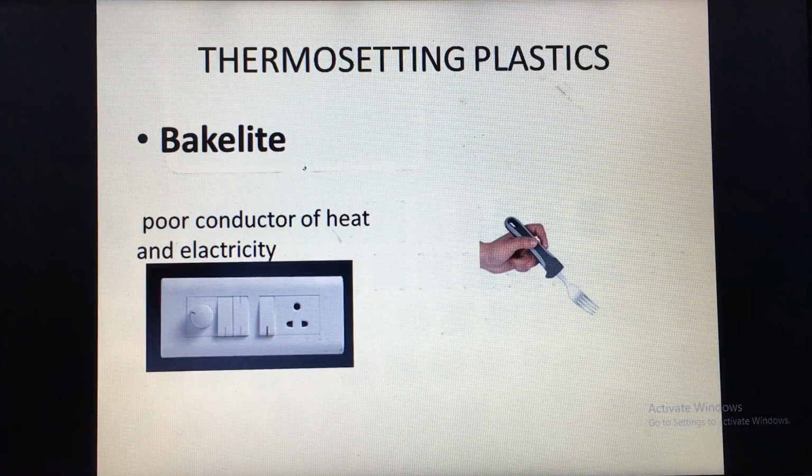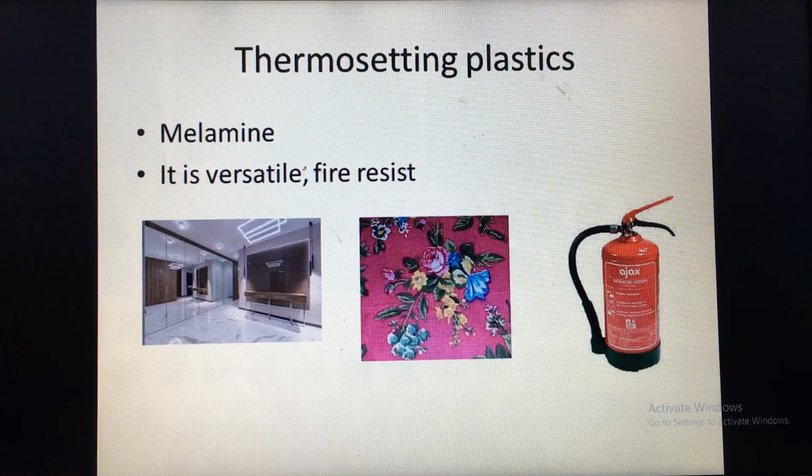The next one is melamine. Melamine is very versatile and fire resistant. It is used in floor tiles, and in fabrics that resist fire, and in fire extinguishers we use melamine.